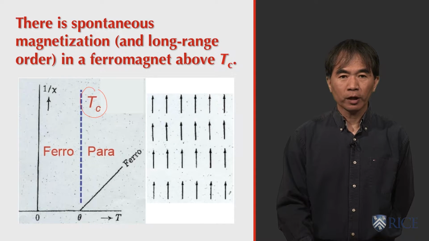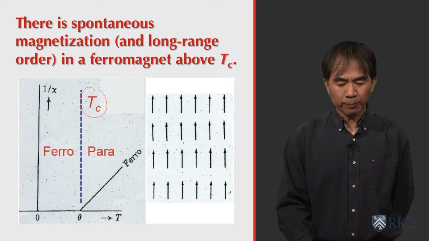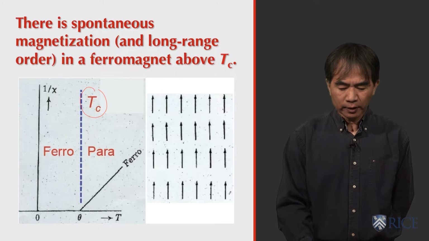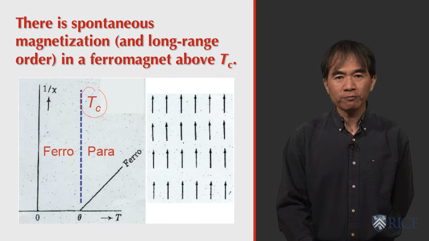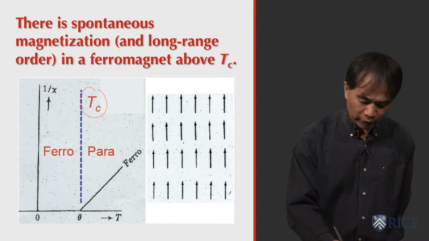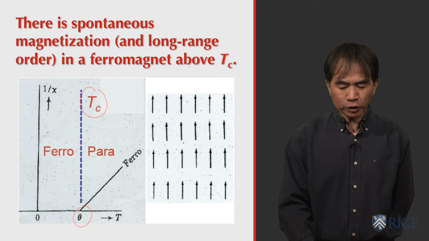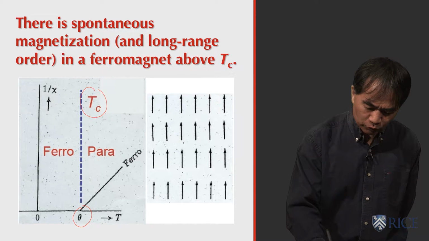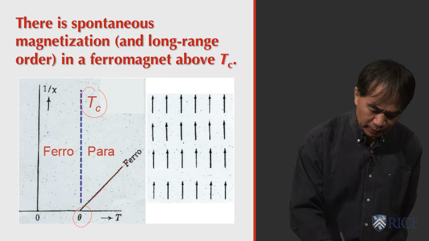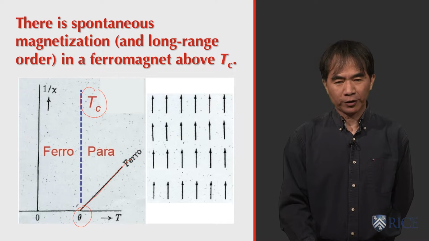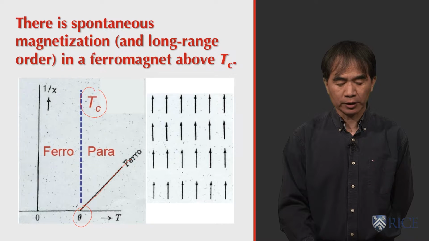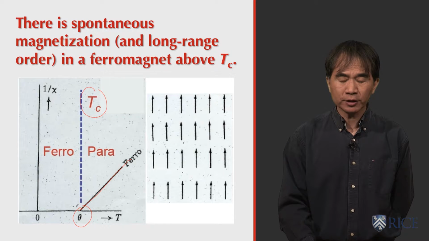In such a system, if you look at the temperature dependence of the inverse magnetic susceptibility, what you will find is that the intersection of the inverse magnetic susceptibility actually occurs at a characteristic temperature, which we call theta. In such a case, the ferromagnetic susceptibility approaches 0 at theta, in the case of 1 over chi. And this is clearly different as compared with the case of a paramagnet.